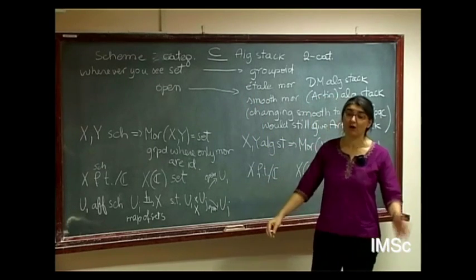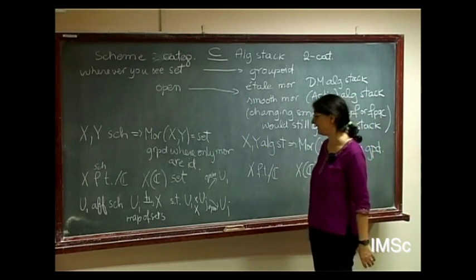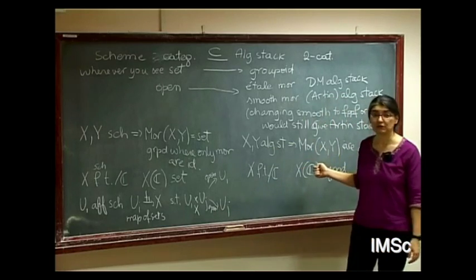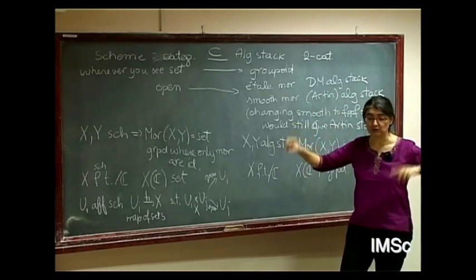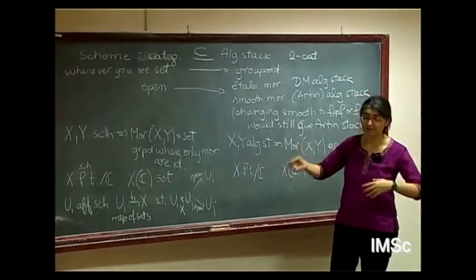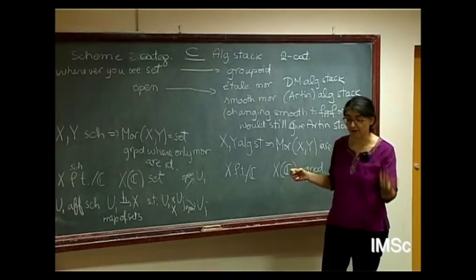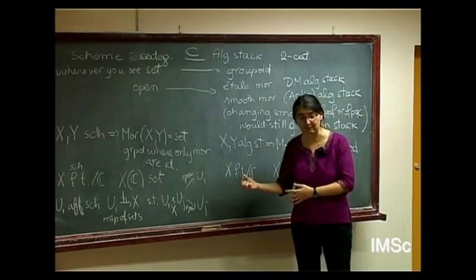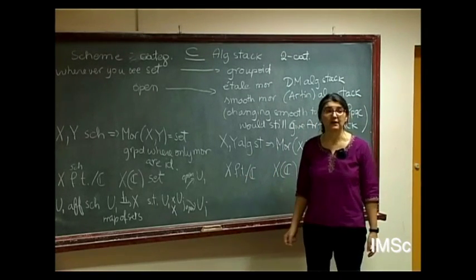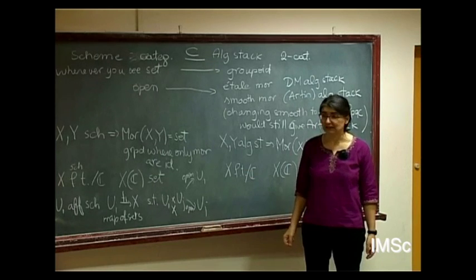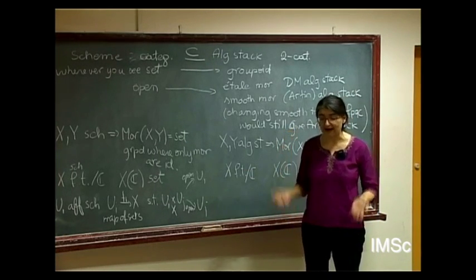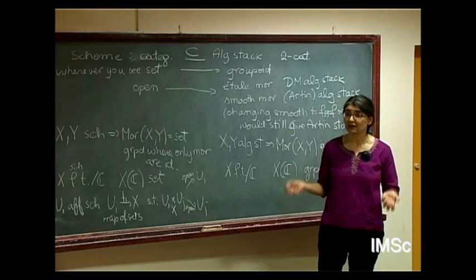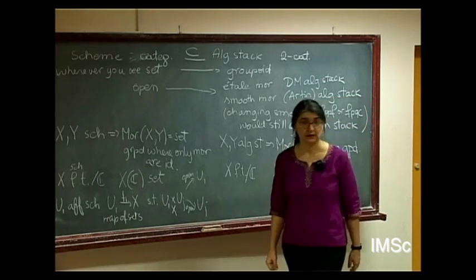Expect to have a scheme, or as I said, maybe an algebraic space. But if it's not unique, and in particular if the automorphism group changes, some points have non-trivial automorphisms and some don't, then usually you are really looking at an algebraic stack. And if you try hard and pretend it's a scheme, it will not have nice properties.